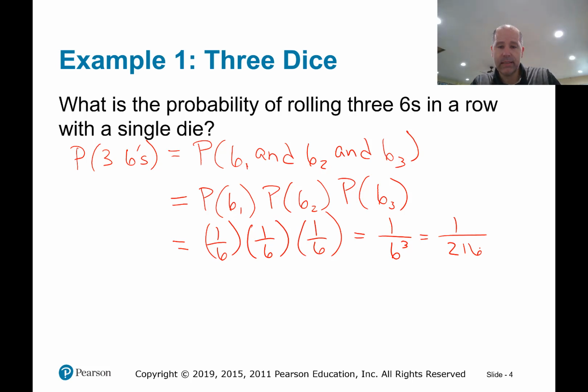Because 36 times 6 is 216. Which, again, we would write as a decimal, of course.